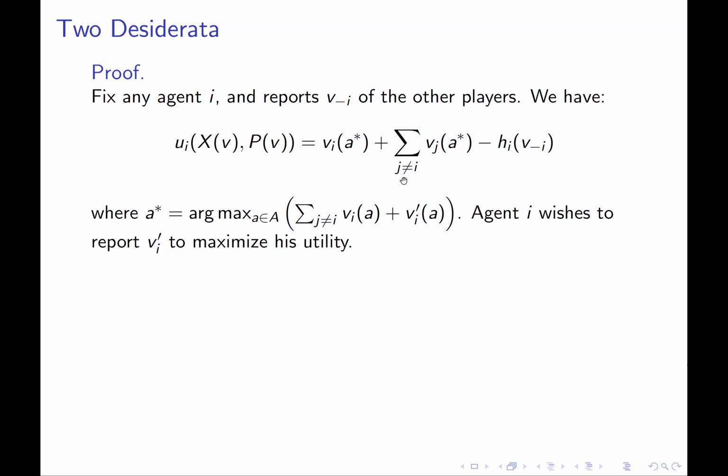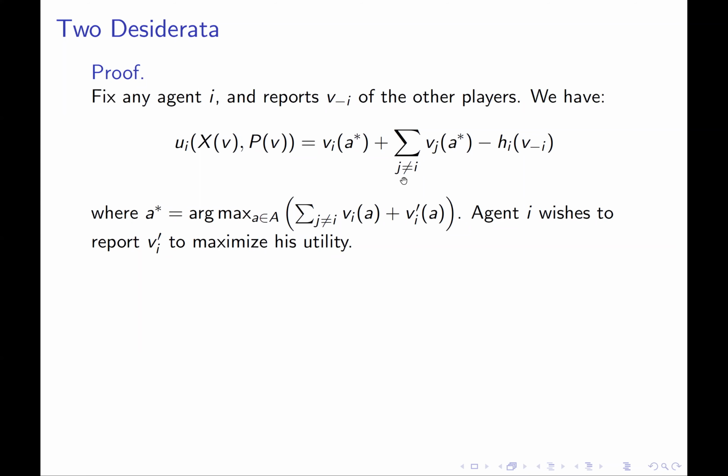Okay, and remember here, A star, the alternative chosen by the Groves mechanism, is by definition the alternative that maximizes social welfare given the report v_i prime that agent i made, right? The mechanism doesn't know agent i's true valuation function v_i, it only knows the report.